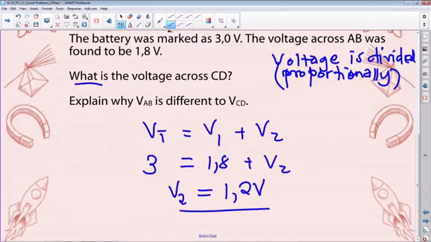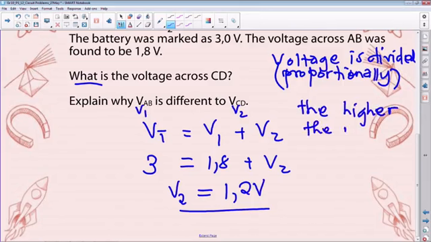It simply means that, remember, the higher the resistance in a series circuit, the greater the voltage. So these two are directly proportional. So in other words, V and R are directly proportional.